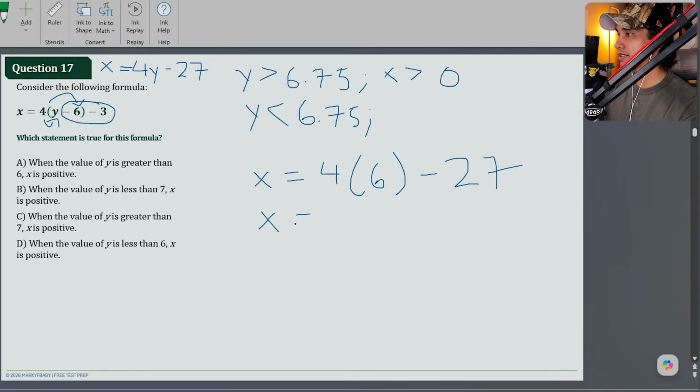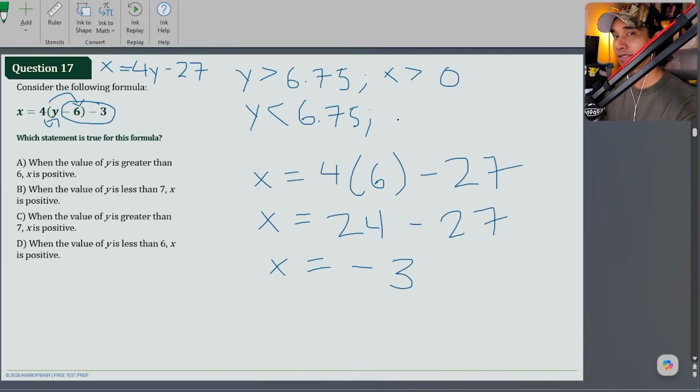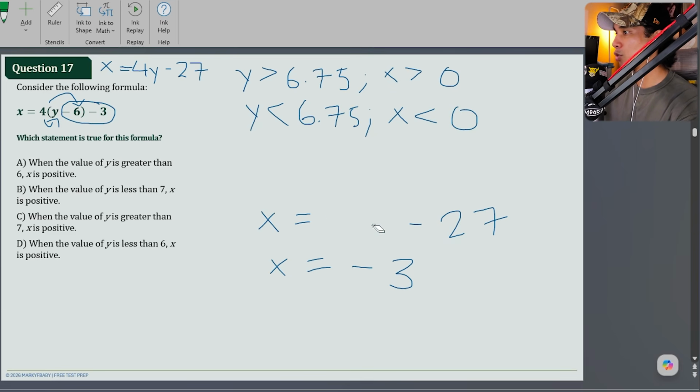Then we have x is equal to 24 minus 27, and then x is equal to negative 3. And that is a negative number, and how we would write that is x values less than 0 equaling negative values. Okay? So we have our rules established.